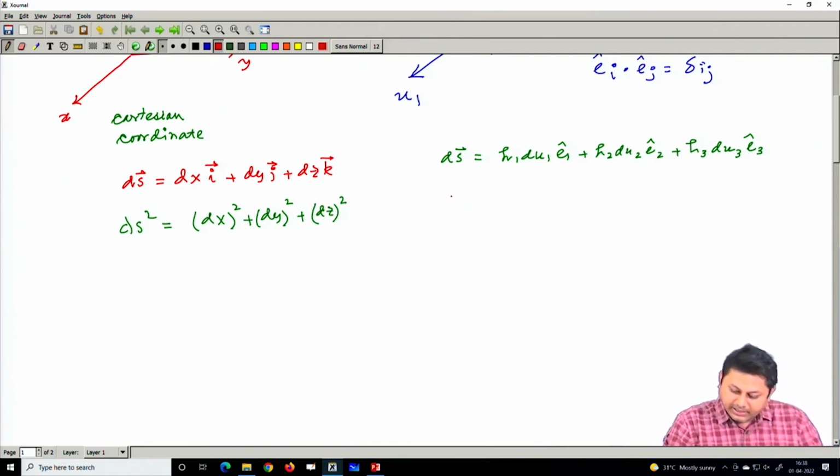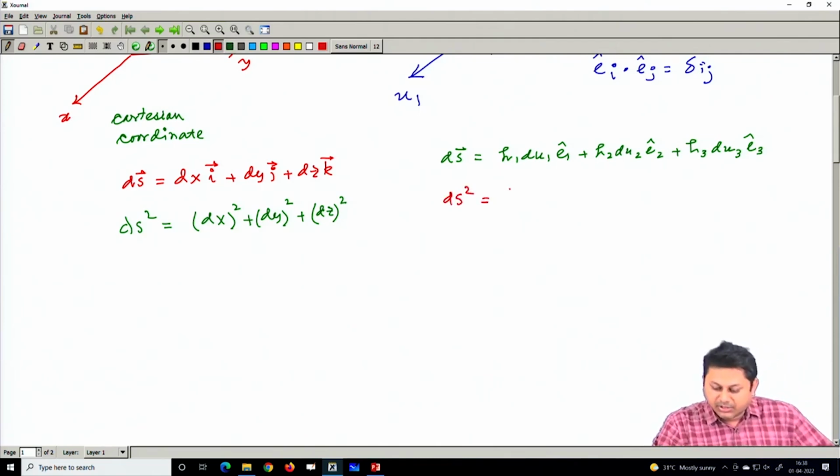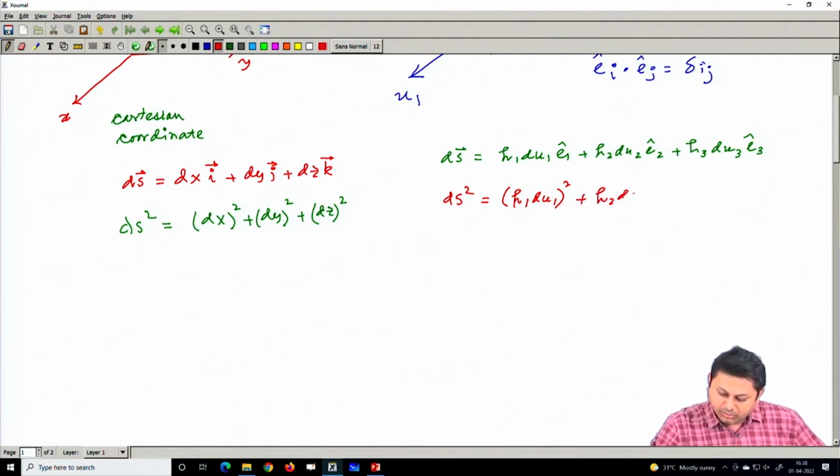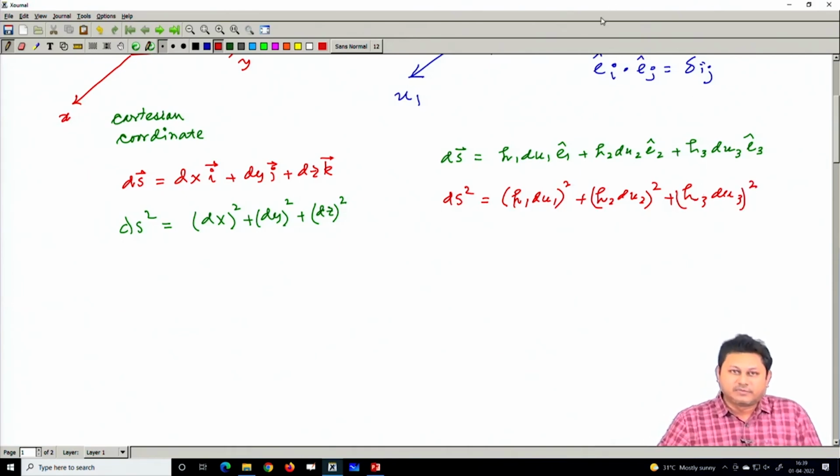On the other hand, here if I calculate ds square, then it should be h1 du1 square plus h2 du2 square plus h3 du3 square. This is the way we define the square of the length element.